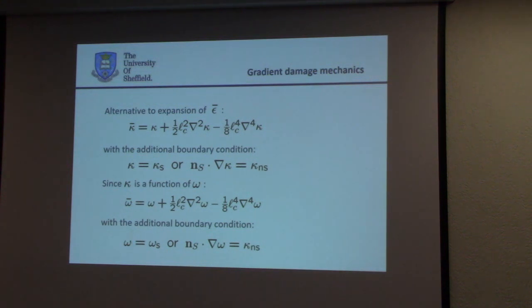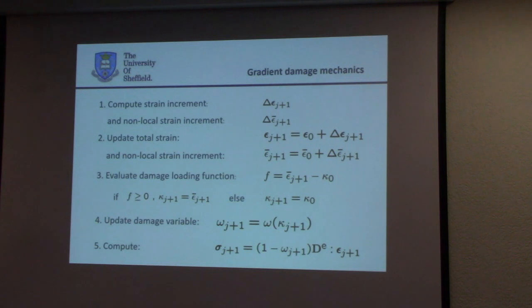Now, you have some alternatives. You can expand, of course, also kappa bar, and since kappa omega is a direct function of kappa bar, you can also expand omega. So, how do you do this now? You compute the strain increment and the non-local strain increment.